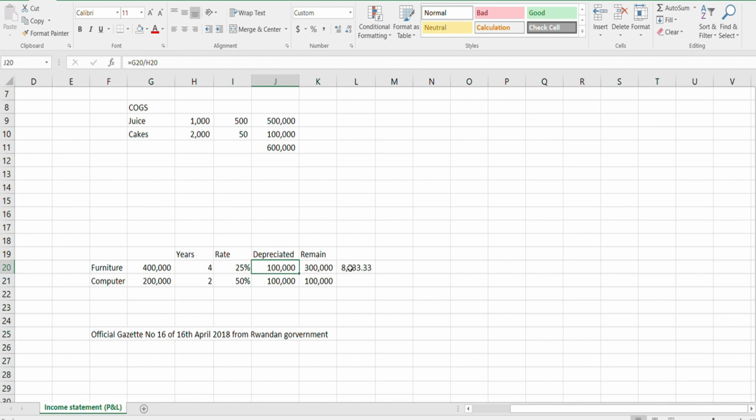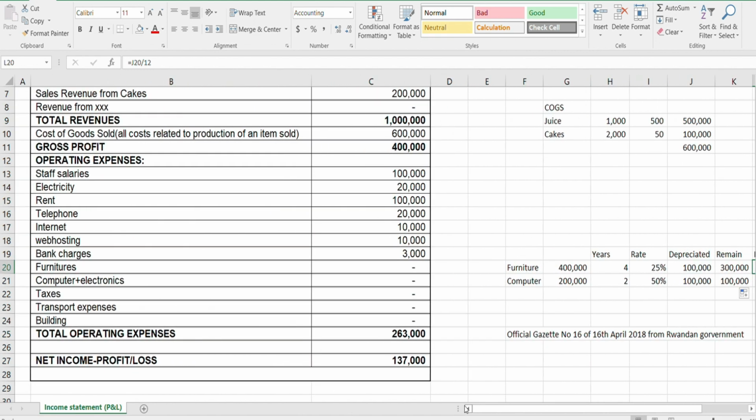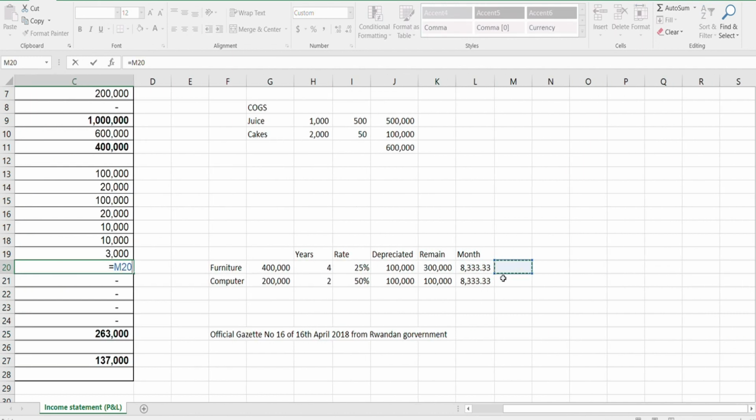You divide by 12 months because we are making an income statement of a month. So now you get the figure that is considered as expenses for that given item. For the furniture, we have a figure of 8,333 as expenses for this month we are reporting.